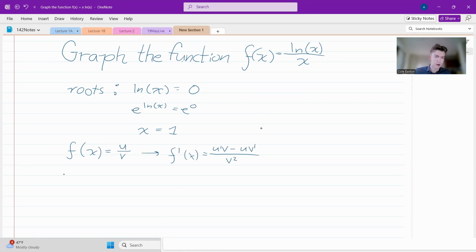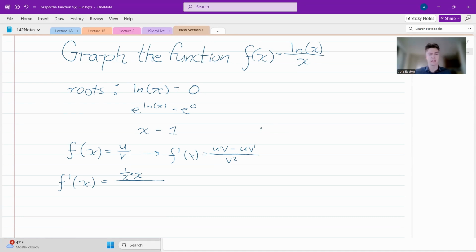That means that our f prime of x here, our u is ln of x, so the derivative of the top is going to be 1 over x times the bottom, so times x. The way I usually think of this when I'm just writing it out, I say the derivative of the top times the bottom minus the bottom times the derivative of the top over the bottom squared.